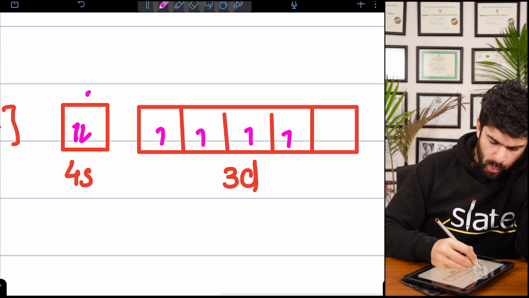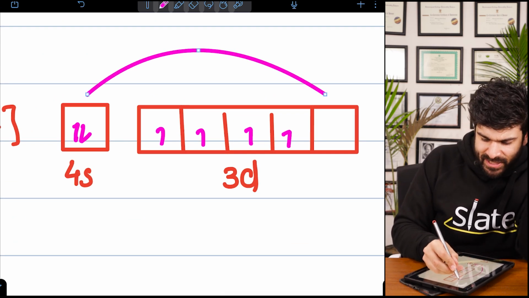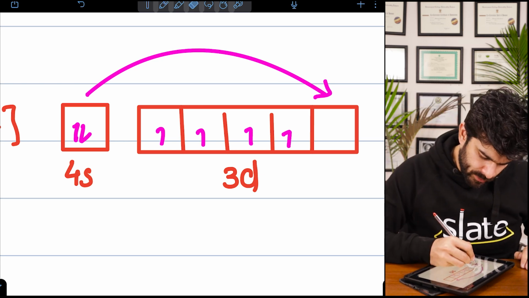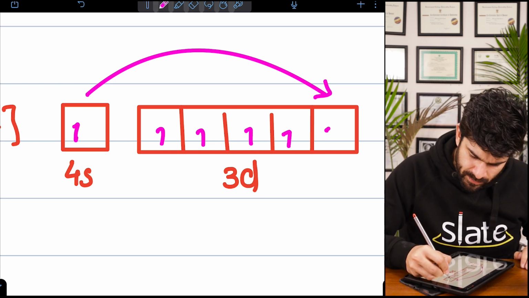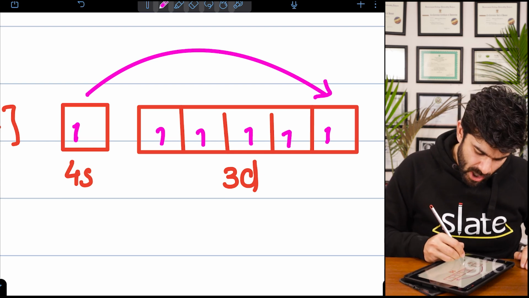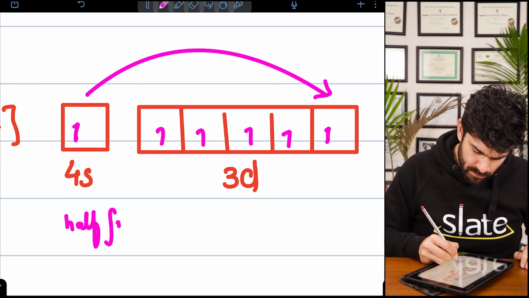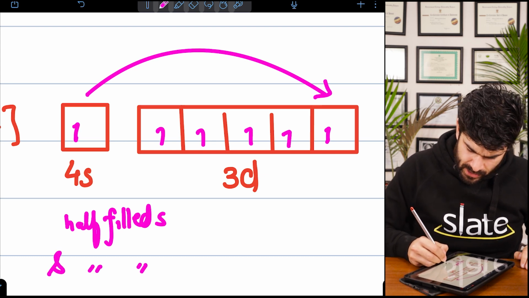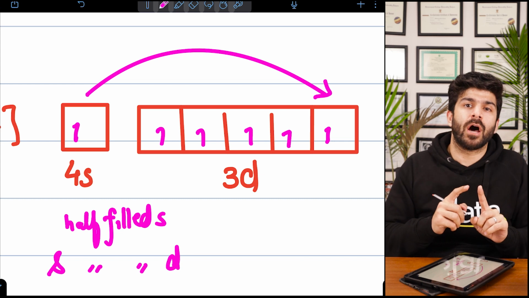But if one electron from the s orbital excites, meaning going to a higher energy orbital, this electron is removed and it comes here. So now we have half filled s and half filled d. Now both the orbitals are half filled.